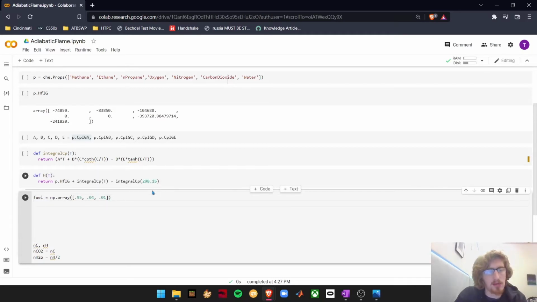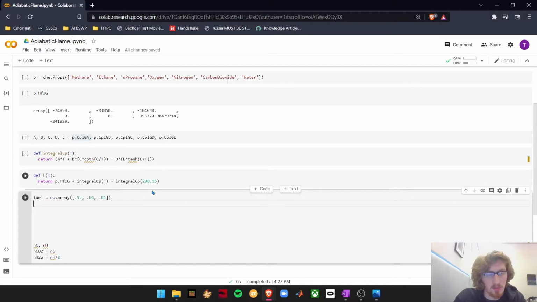And then we want to make another array that has our ratios of carbons and hydrocarbons because we want to be able to perform matrix multiplication to get the number of moles of each of these substances, which we can then use with our previous equations to determine the total enthalpy.